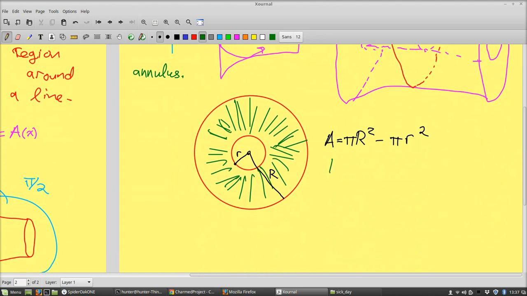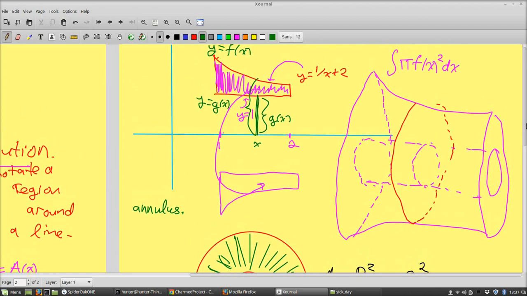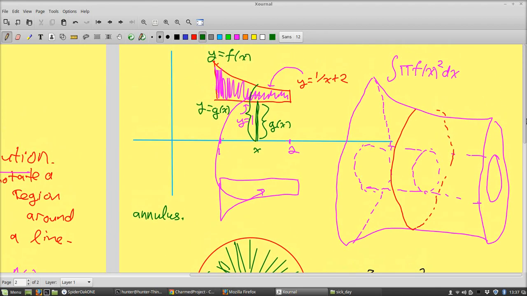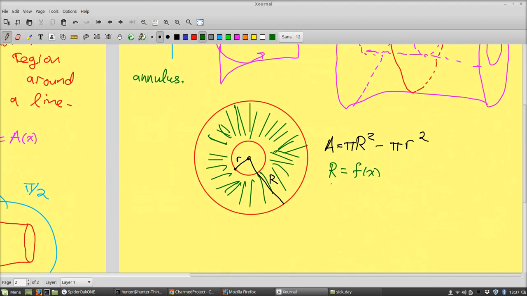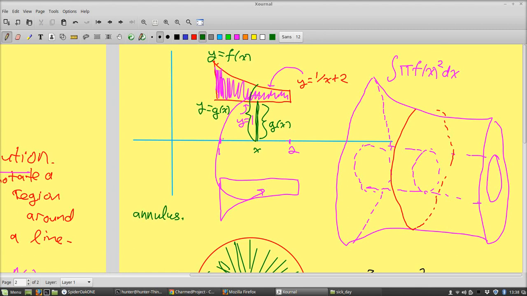So in this situation, r is just going to be f of x, the function that's on top. The function that's on top makes the bigger circle. And the small radius is going to be g of x, the function that's on the bottom. The function that's on the bottom makes the smaller radius.